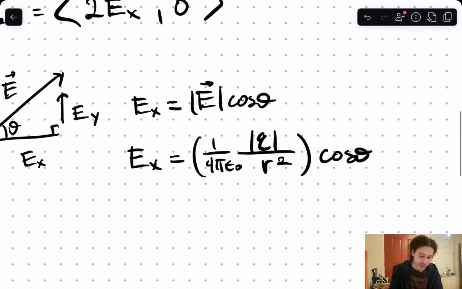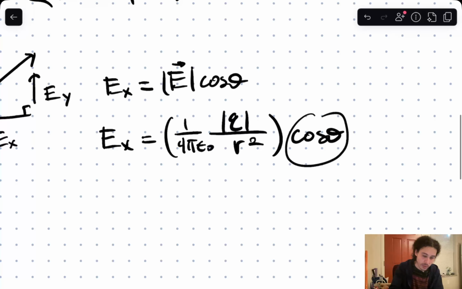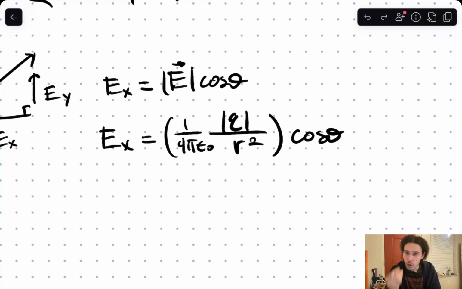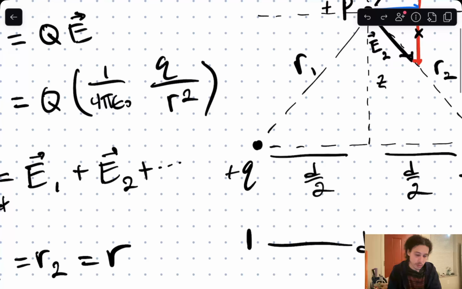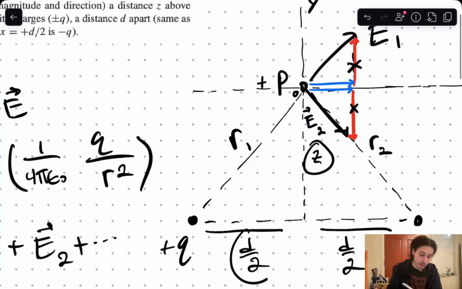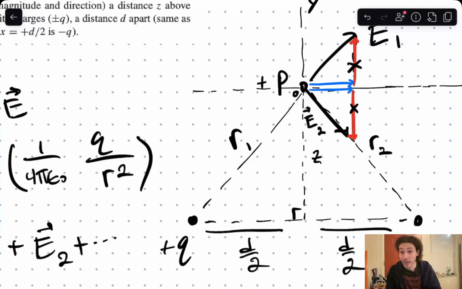Now, we want to express cosine theta in terms of known values. In our case, z and d over 2, d and z. And we can do that again because this problem is essentially two right triangles back to back. There's a lot of symmetry in this problem.